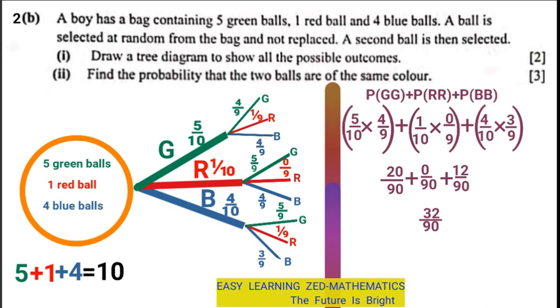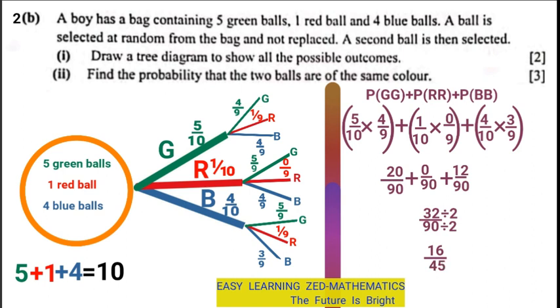Once you have this, you can check whether there is a number that can divide both 32 and 90 without a remainder. The number that goes into both 32 and 90 is 2. So I'm going to divide both numbers by 2. 32 divided by 2 gives me 16, and 90 divided by 2 gives me 45.